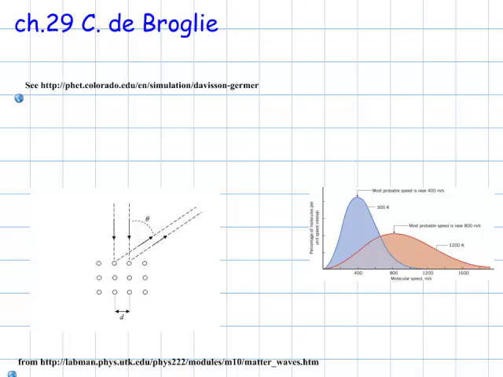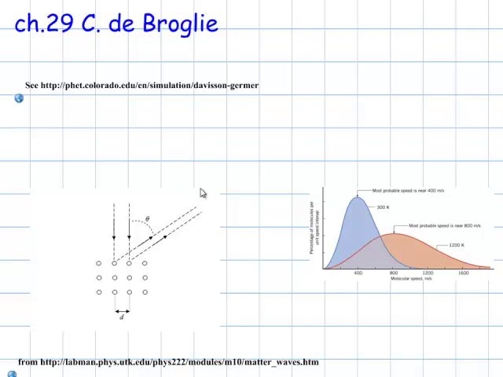De Broglie wavelengths are used for electrons in orbits around the nucleus, and in certain experiments for electrons and other particles as well. In this particular problem they ask about the neutron.